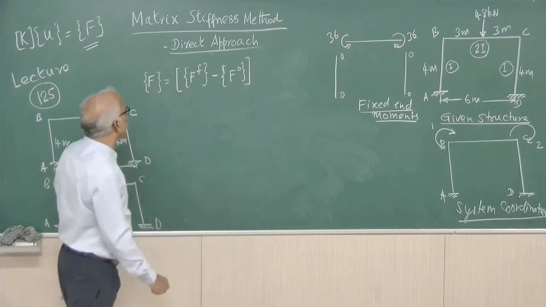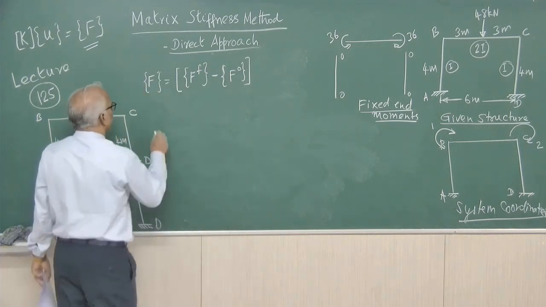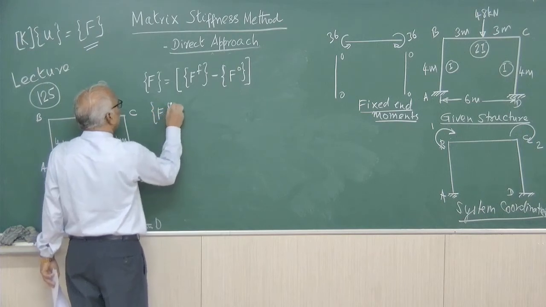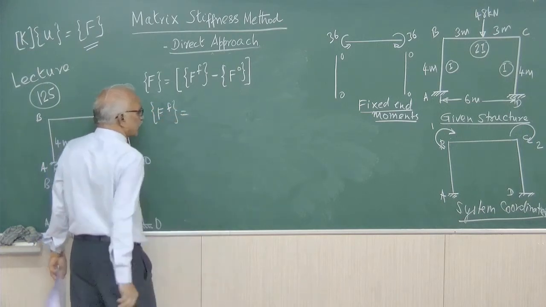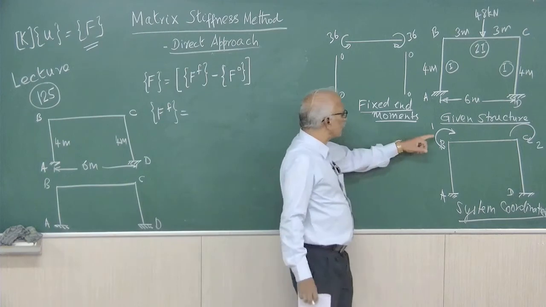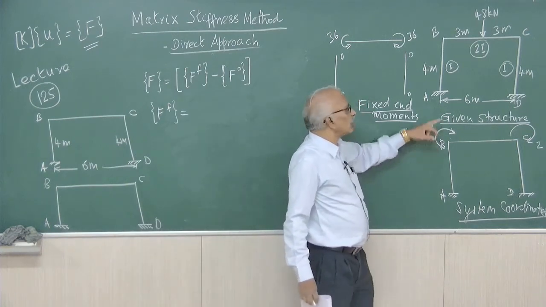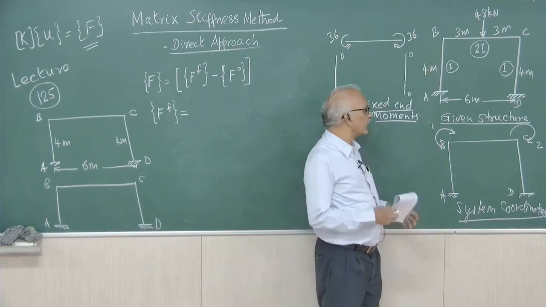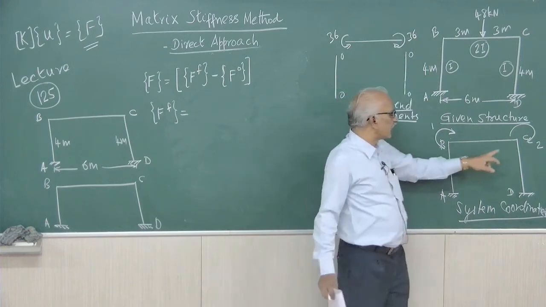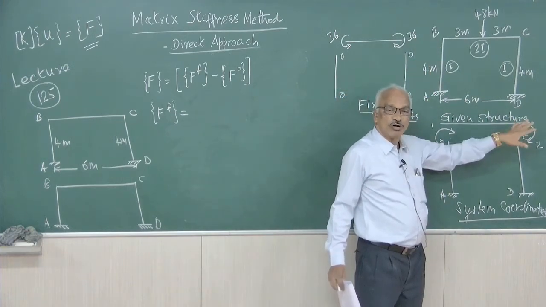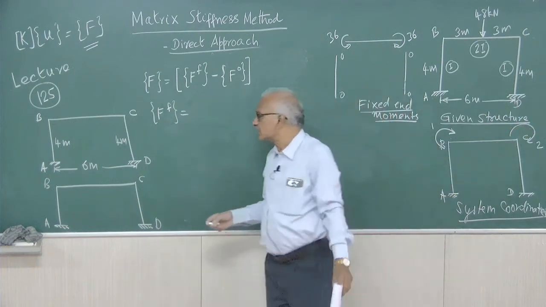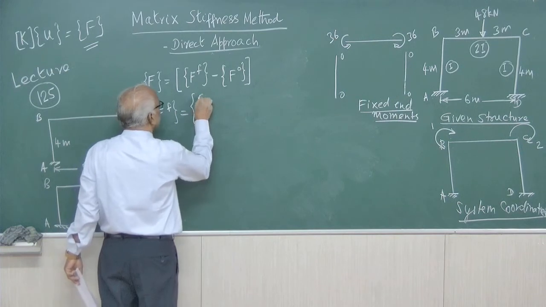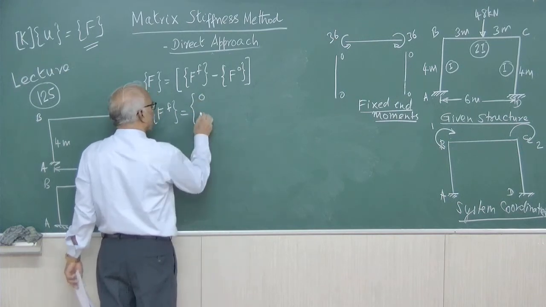F of F is the forces applied at the system coordinates. So this is one system coordinate. No external force is given, no moment is given at coordinate 1. Similarly, here also there is no moment. Therefore, along system coordinate 1 there is no external force, along system coordinate 2 also there is no external force.